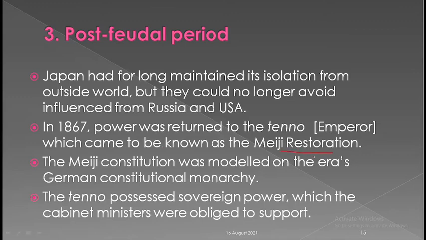Meiji Restoration is when the military rulers return sovereign power to the emperor. The Meiji Constitution was adopted, modeled on the German constitutional monarchy. The Tenno, or the emperor, possesses sovereign power, which the cabinet ministers were obliged to support.